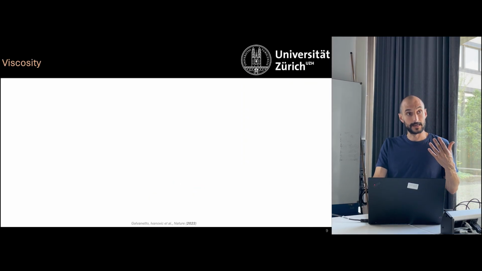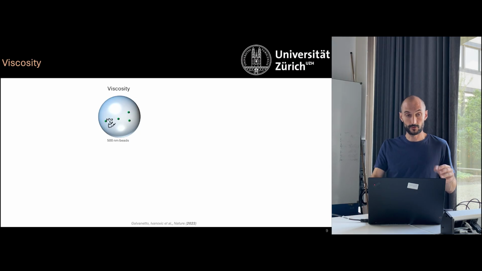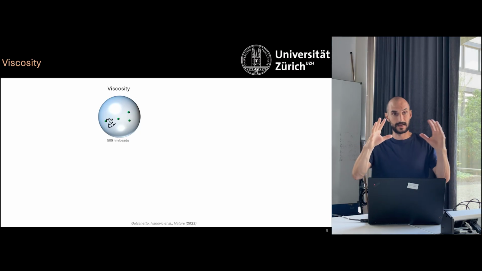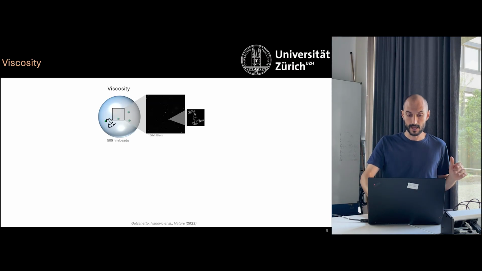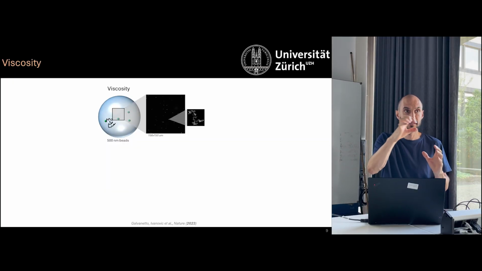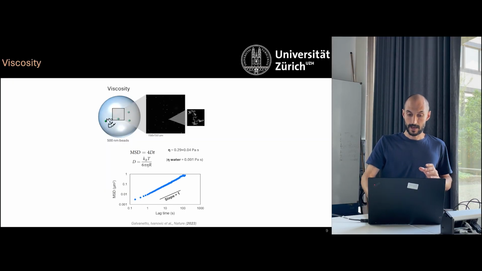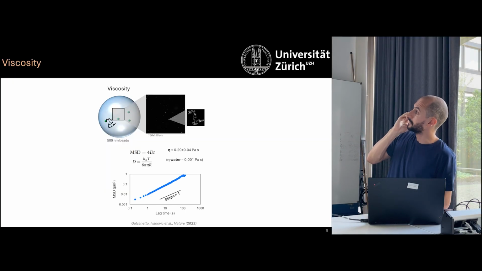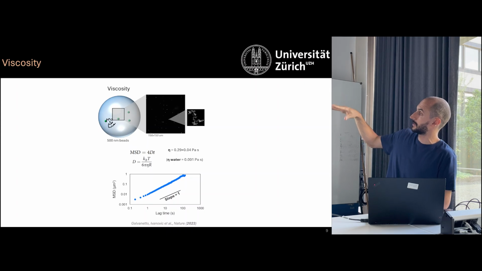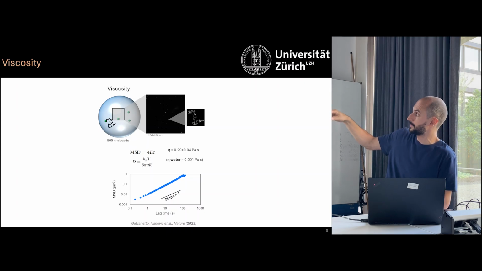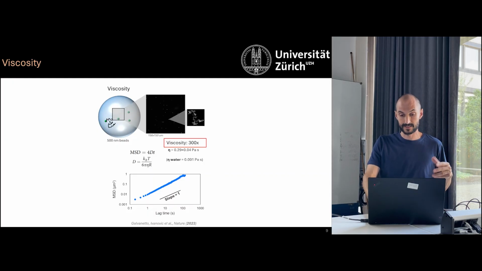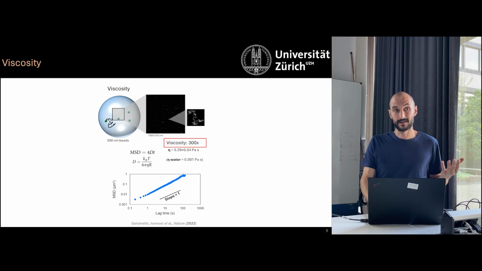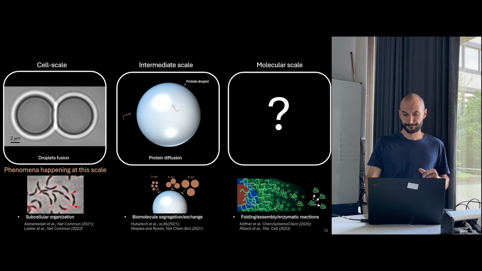Now, then I studied the viscosity. You introduce fluorescent beads inside a big droplet, and you can track the diffusion of beads and obtain these mean square displacement curves and extract the diffusion of these beads and, with Stokes-Einstein, the viscosity. And in this specific case, I obtain a viscosity of about 300 times higher than the viscosity of water.